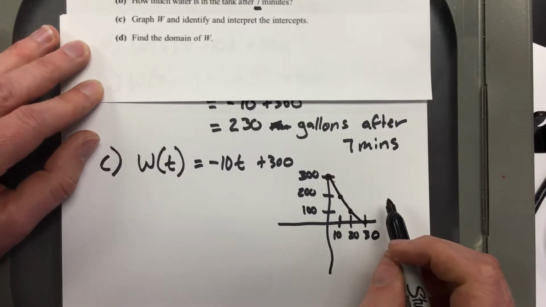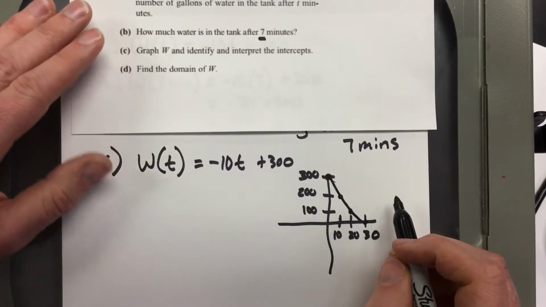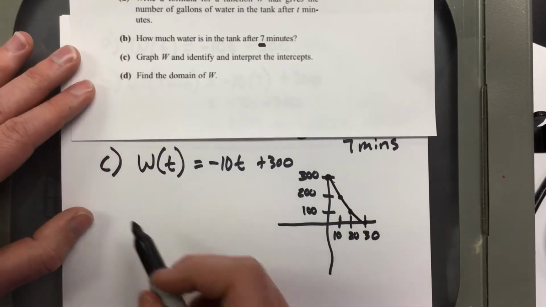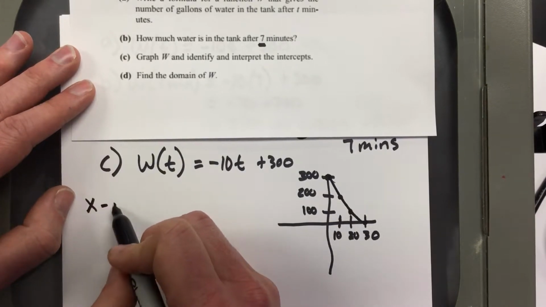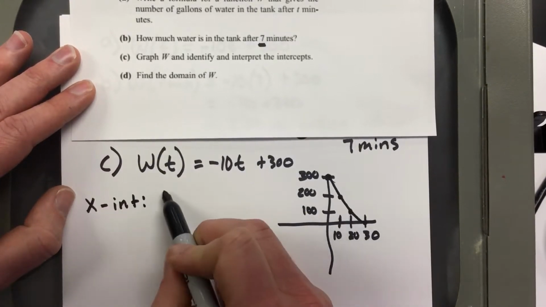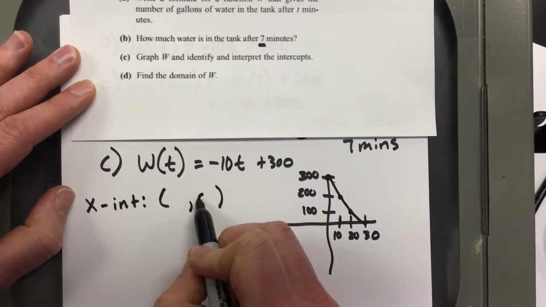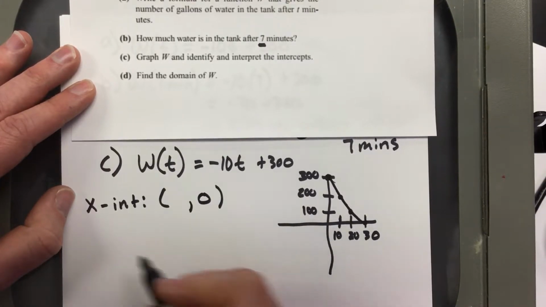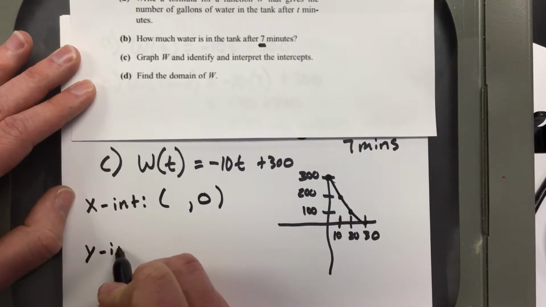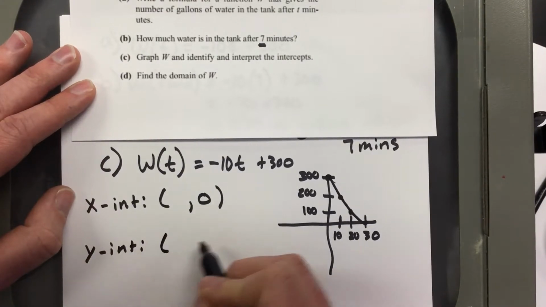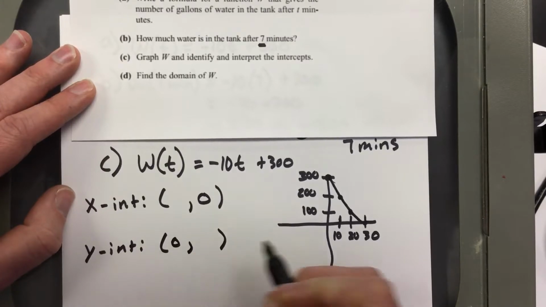Now it wants us to find the intercepts. If you remember, to find the x-intercept, I'm going to plug in 0 for y and solve for x. And if I want the y-intercept, I'm going to plug in 0 for x and solve for y.